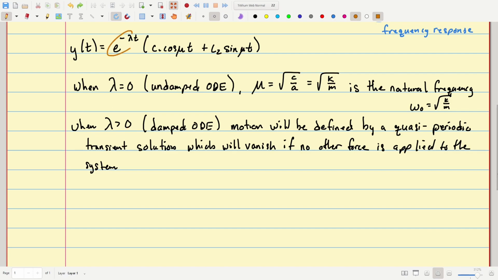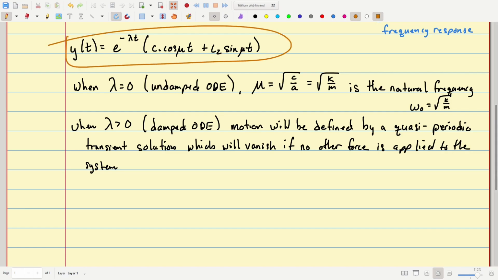Lambda's positive, so this exponential is going to be decaying. Okay, and what that's going to do is it's going to take this solution and crush it. Okay, I'm multiplying it by a number that's reducing down to 0. Okay, so eventually this entire term will vanish, okay, or become very, very small.